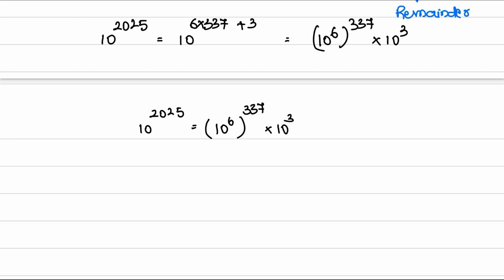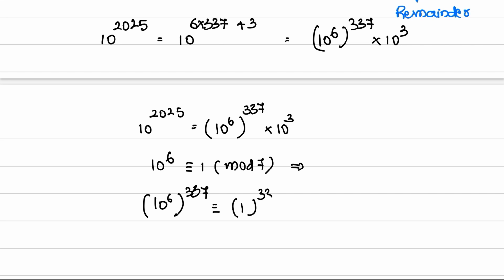Now, we already know 10 to the power of 6 is equivalent to 1 modulo 7. Then 10 to the power of 6 to the power of 337, how can we write? It is equivalent to 1 to the power of 337 modulo 7.